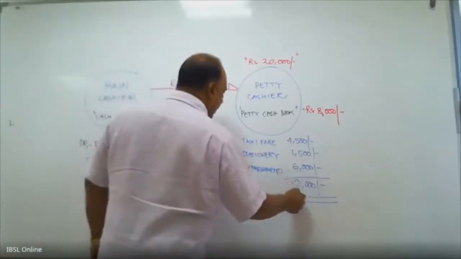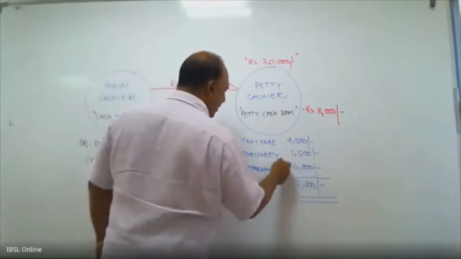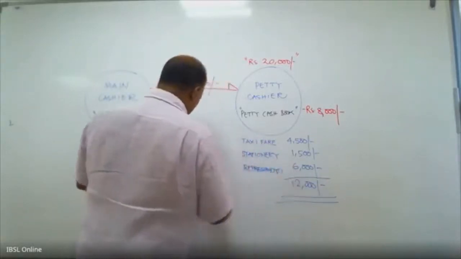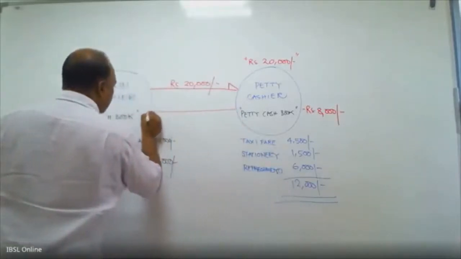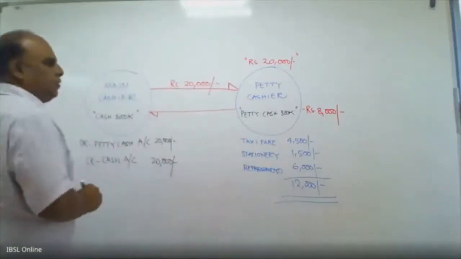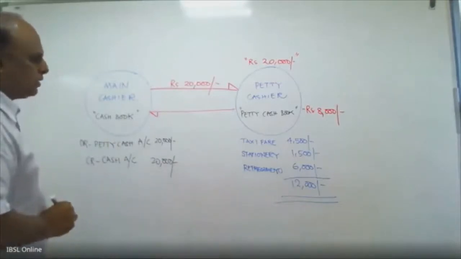He will take these expense bills of 12,000 and the schedule, and go to the main cashier.